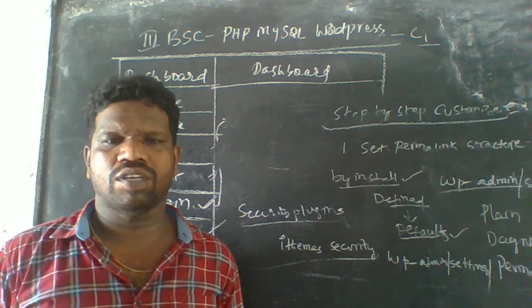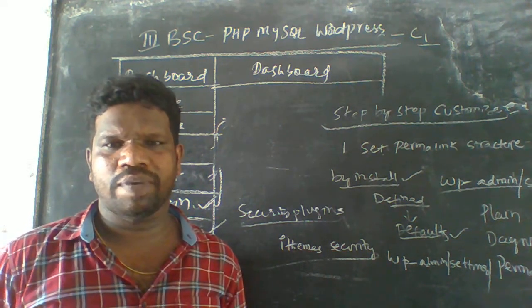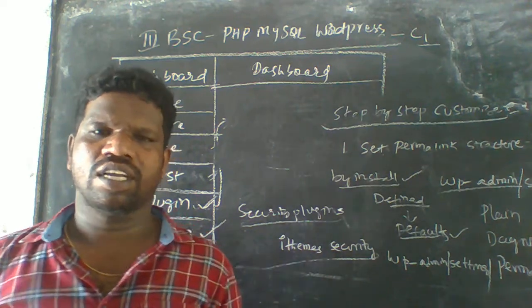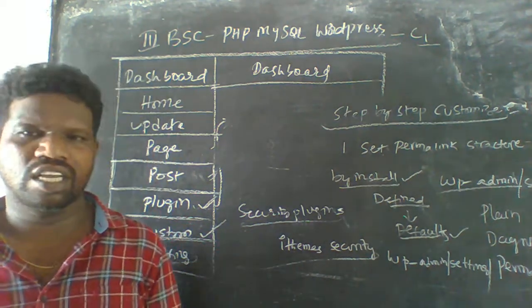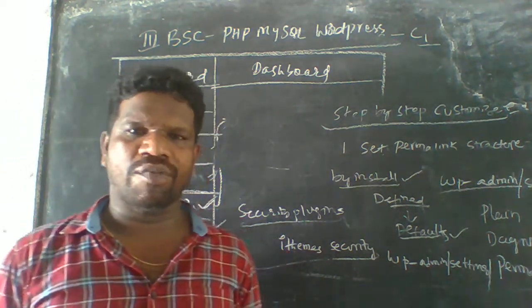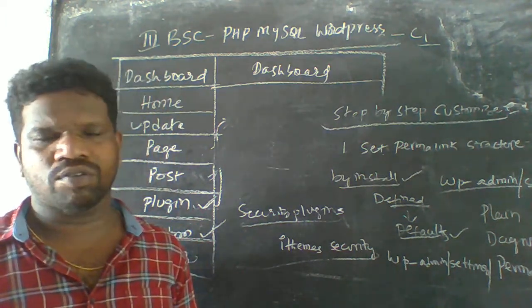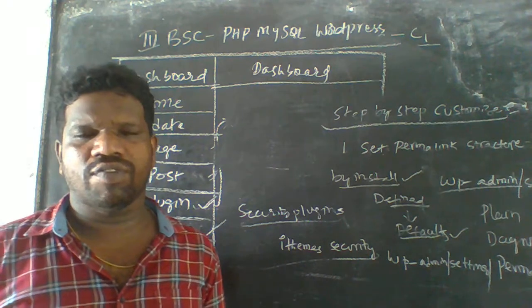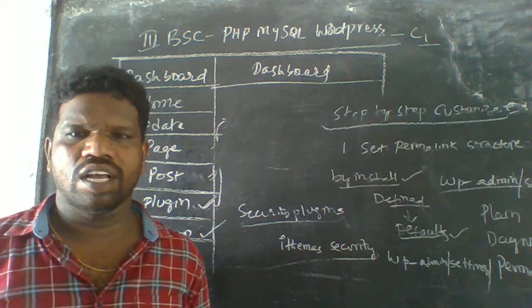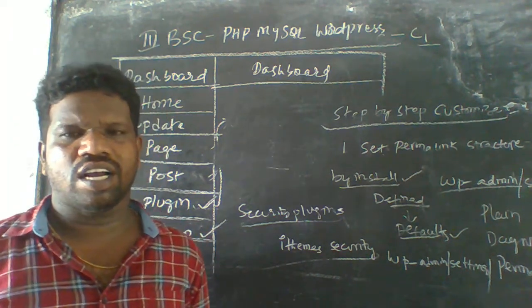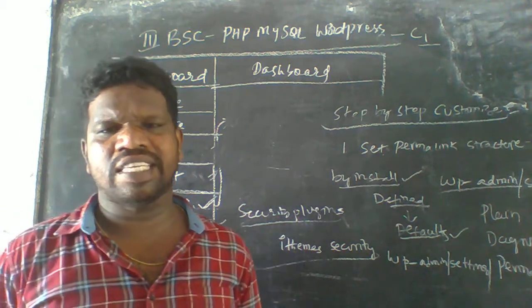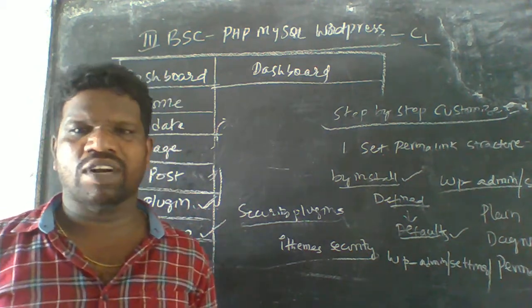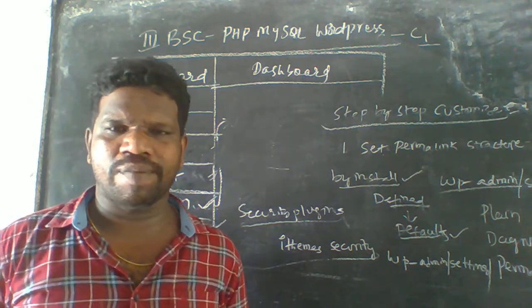Each and every unit has very important topics we have to learn. In the first unit, installing MySQL on Windows and Linux is a very important question. Forms are also available here and functions are also available here. The fourth unit is also a very easy topic because you are already aware of it from the DBMS paper.